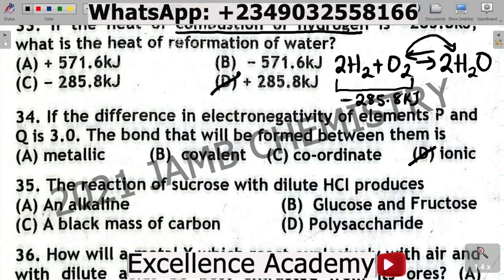It's ionic because an electronegativity difference that is greater than 1.7 forms ionic bonds. Also, for electronegativity difference to be high, it means that the elements involved are a very electropositive element and a very electronegative element, that is a metal and a non-metal. And we know that when a metal and a non-metal combine, they form an ionic bond. So ionic bond is the correct answer.